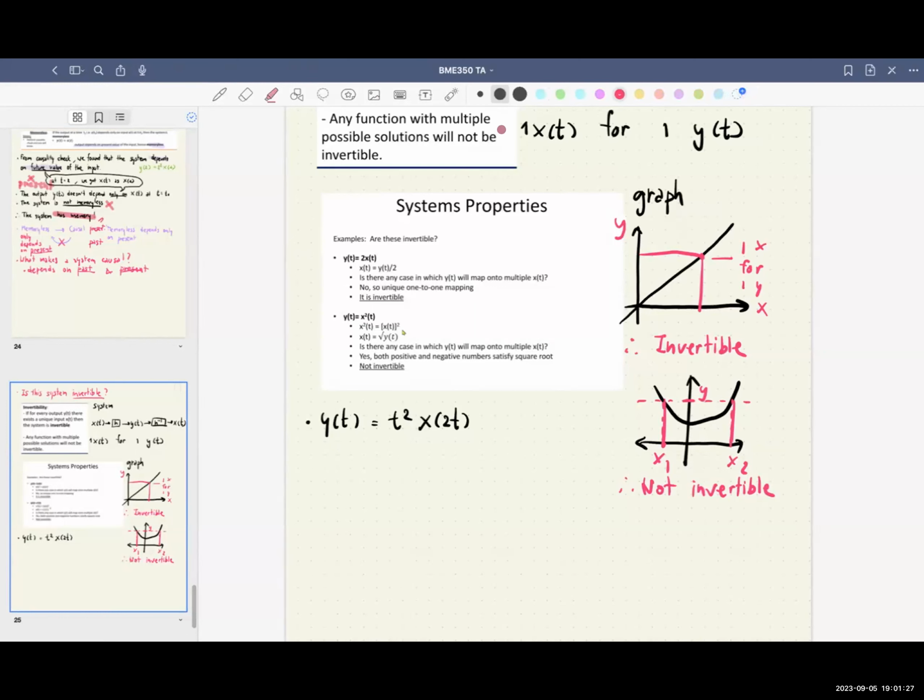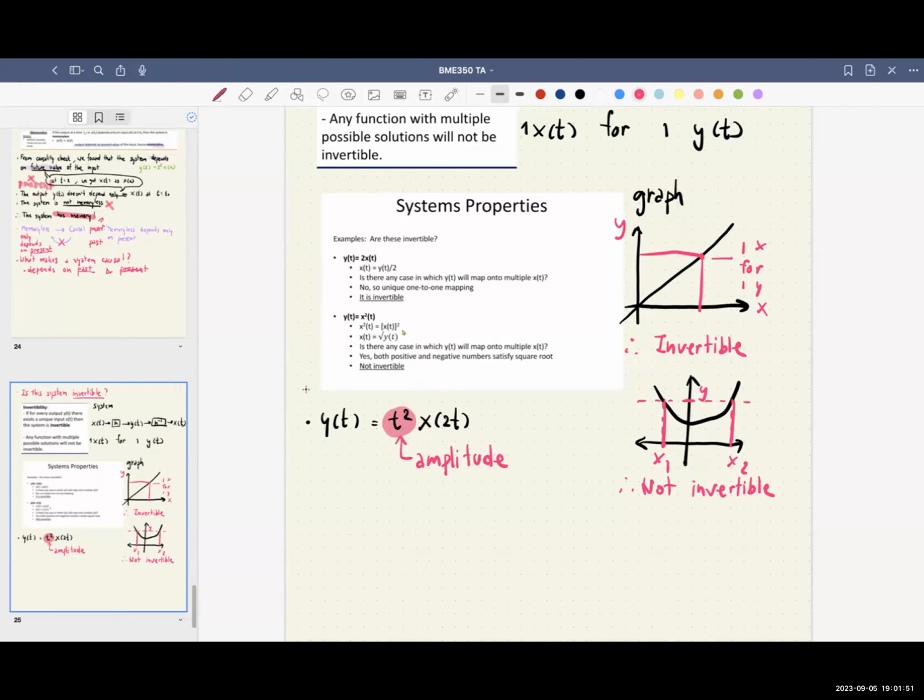Actually, I think this tricks a lot of people. I got tricked by this too. Because actually, t squared is only amplitude, and it doesn't affect the invertibility of y(t) and x(2t).